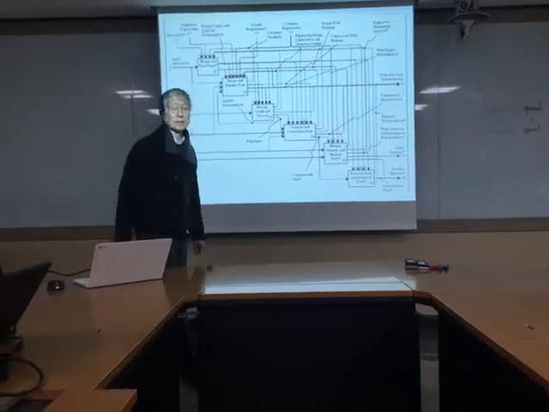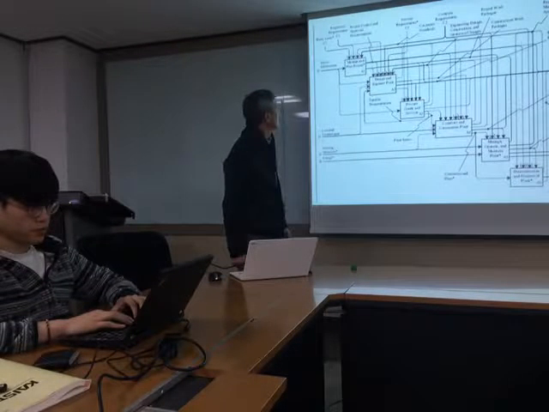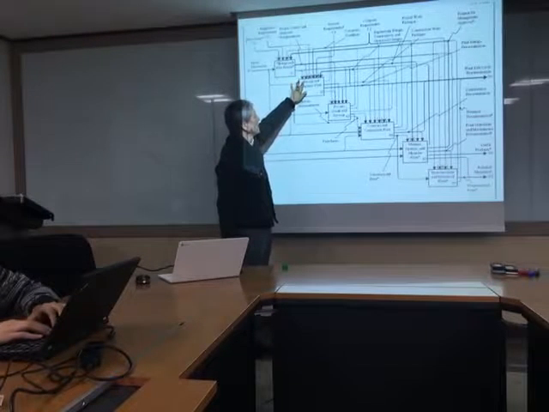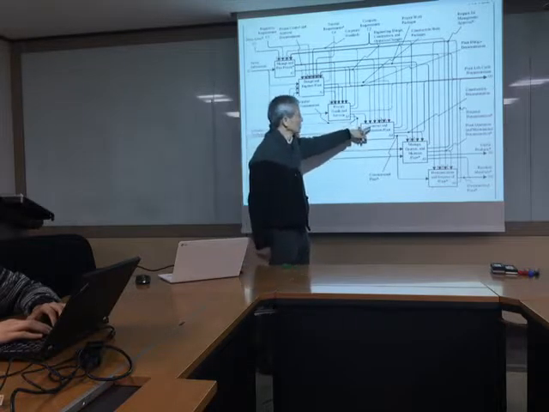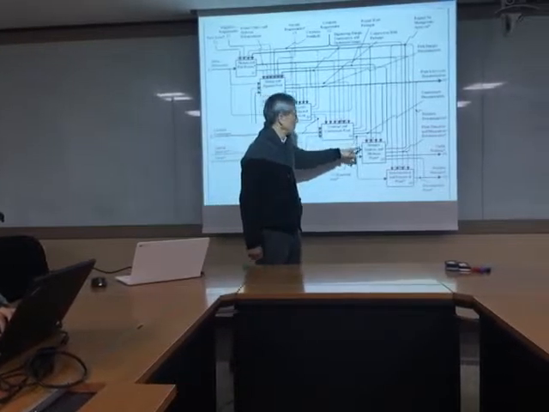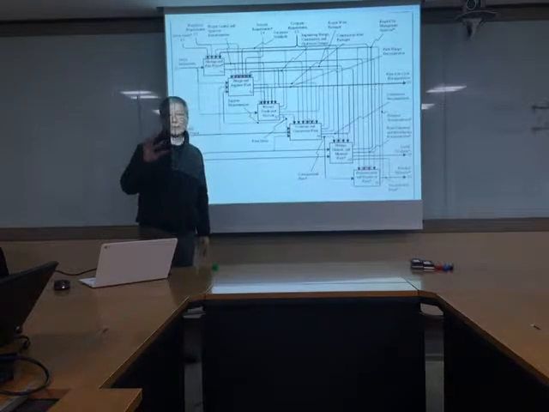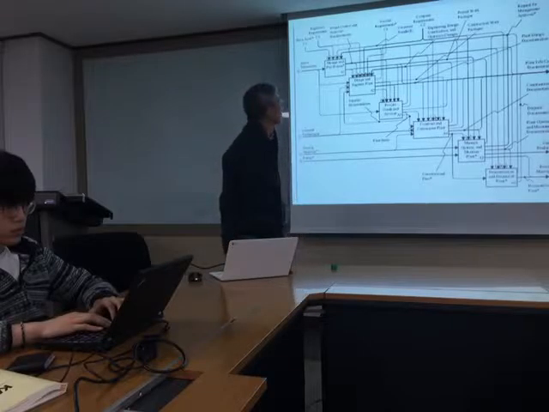This is a life cycle of the plant industry. So planning, and designing, and produce, and construct, and then operation, and decommission. So it is an activity model of the life cycle of a plant.